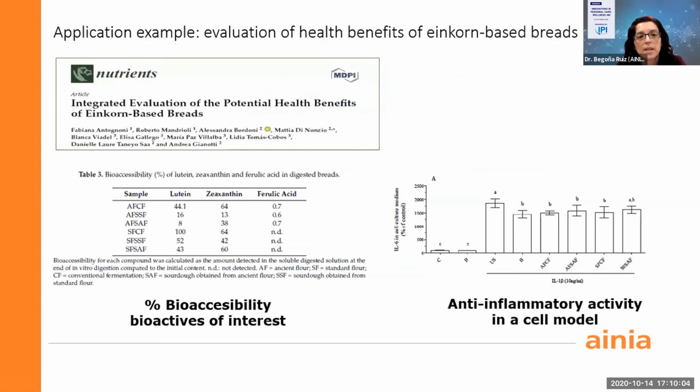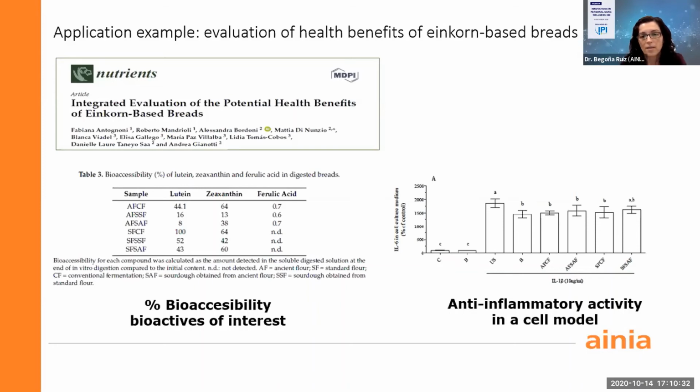This is an example that we have published, a study of the evaluation of health benefits of einkorn-based breads. Those are ancient grain breads that are so trendy now. In this study, we measured the bioaccessibility of the bioactives of interest of different breads. After that, we checked the anti-inflammatory activity in a cellular model.